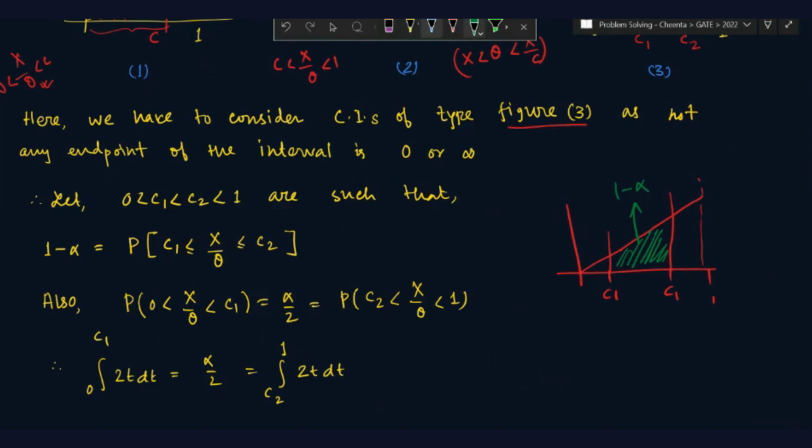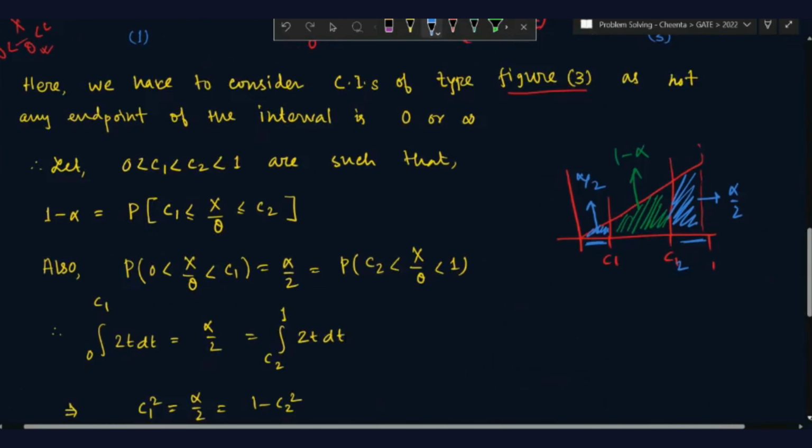So these two areas will be equal. By convention we put it, this will be alpha by 2 and this will be alpha by 2. Hence the probability of x by theta lying between 0 to c1 is alpha by 2, and from c2 to 1 is also alpha by 2. So from this diagram it is clear.